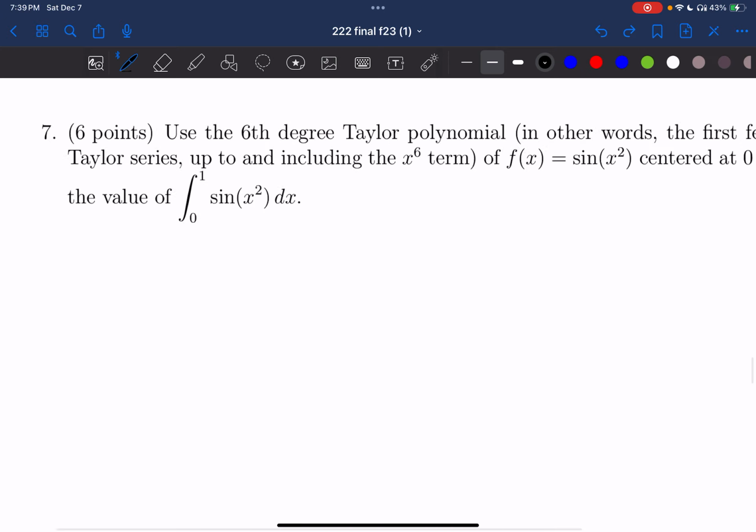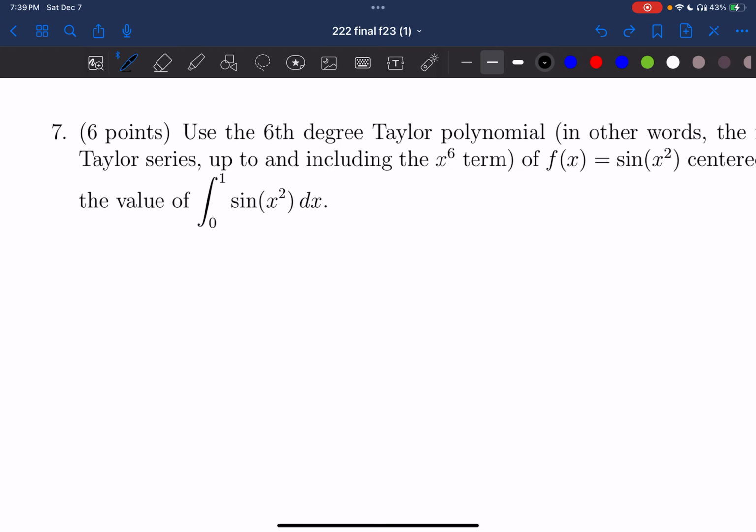Okay. We know sine of x will be equal to the sum from n equals 0 of negative 1 to the n, x to the 2n plus 1, over 2n plus 1 factorial. Good thing they have this on the formula sheet because I do not feel like memorizing all of this.